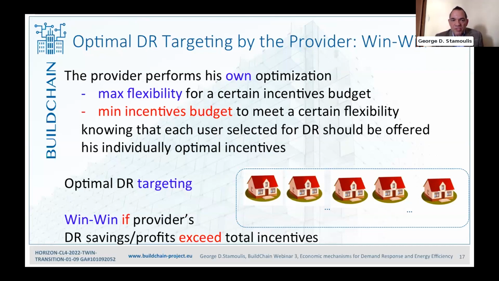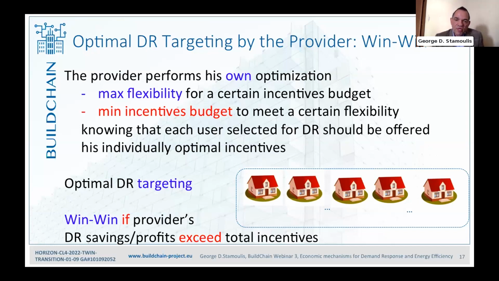For example, it can be maximization of flexibility for a certain budget for DR incentives to be given to users, or he can try to meet a certain flexibility level, a certain reduction of energy consumption, using the minimum budget for incentives. But he has to do this knowing that each user to be selected for demand response should be offered his own individually optimal incentives. Otherwise, the user would not be adequately compensated and he would not participate.